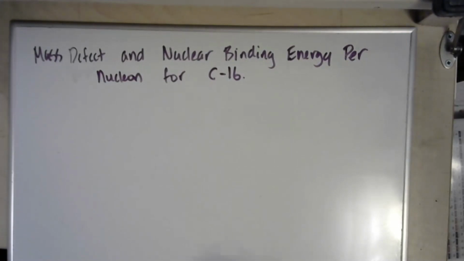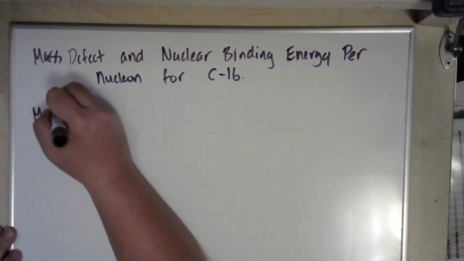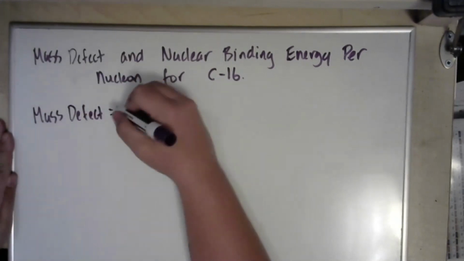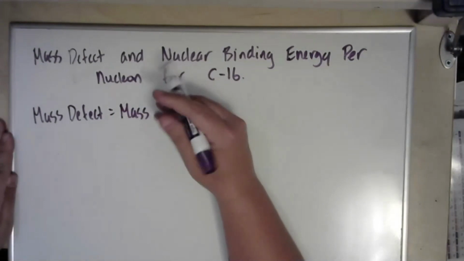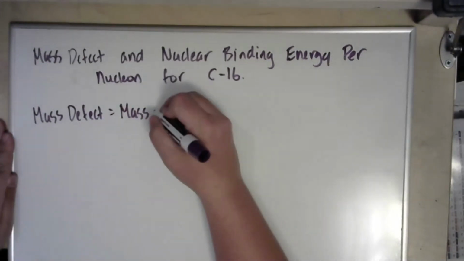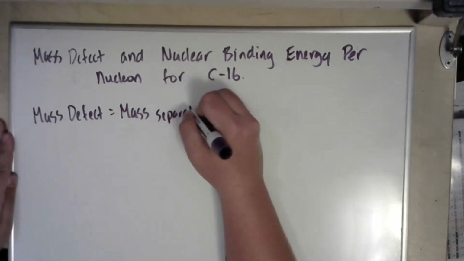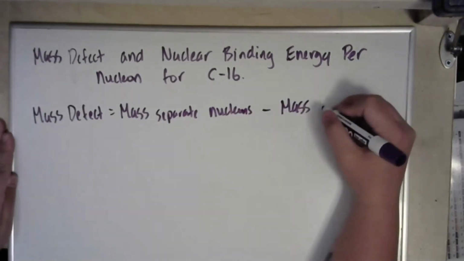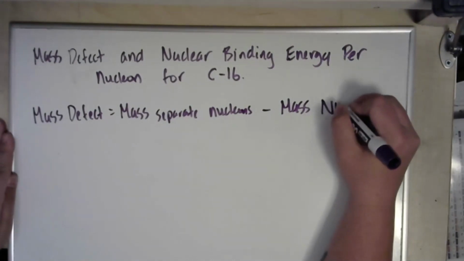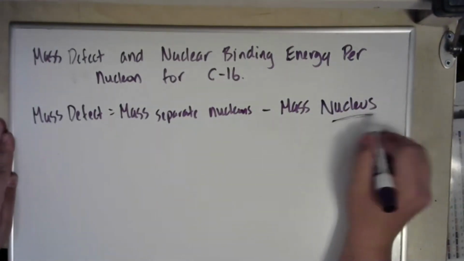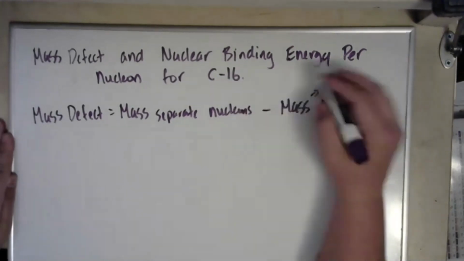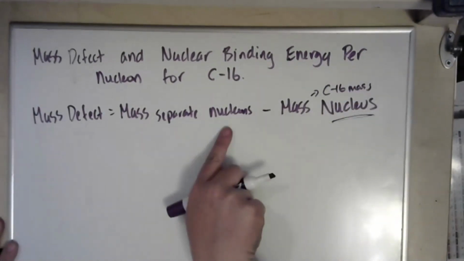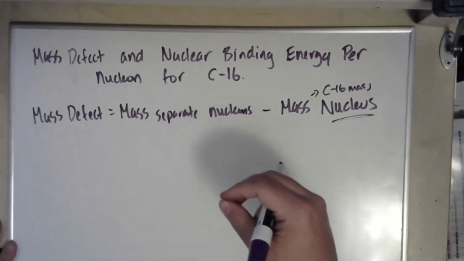So to figure out our mass defect, we're going to take the mass of the separate particles, or the separate nucleons, and we're going to subtract it from the mass of the nucleus, in this case the carbon 16 mass. So what separate nucleons make up carbon 16?